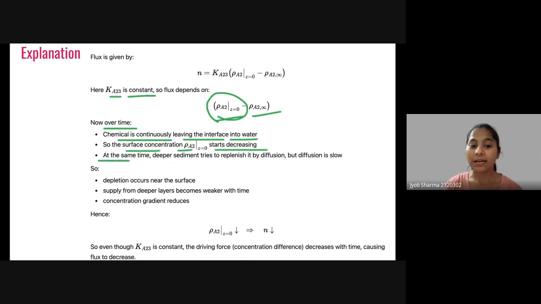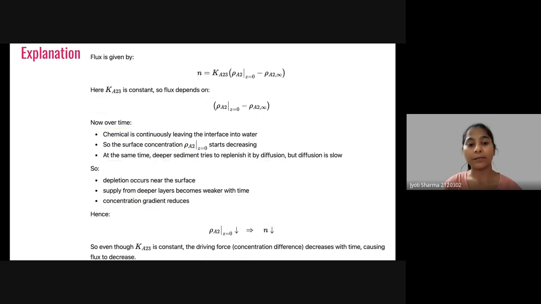So surface concentrations start decreasing. At the same time, deeper sediment tries to replenish it by the diffusion, but diffusion is slow. And that's why there will be some depletion that will occur near the surface, and supply is weaker with the time. So that's how the concentration gradient will reduce, and the flux will also be reduced.